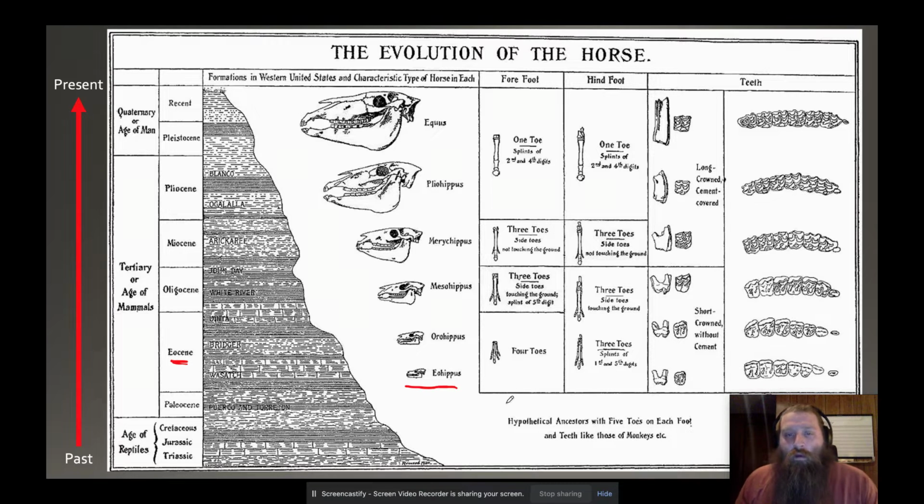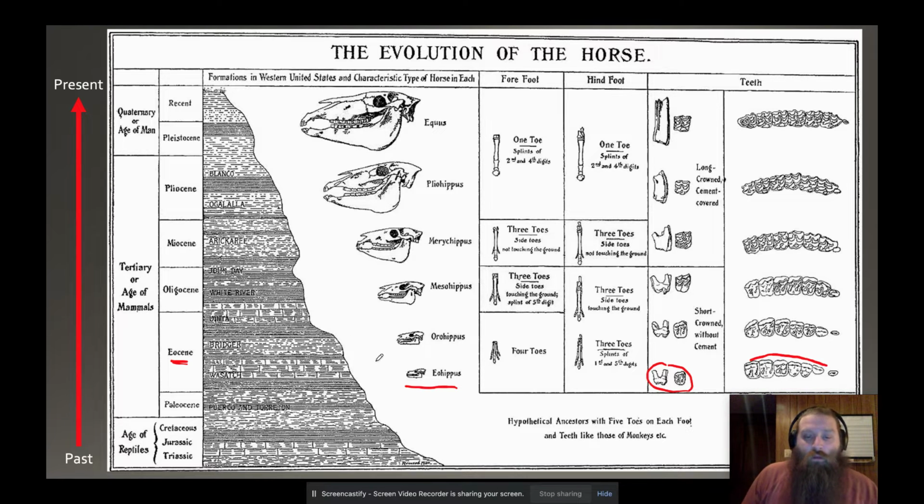And we find that the front foot has 4 toes in Eohippus and Orohippus. The back foot has 3 toes, okay? And when we look at the teeth that we find, we see that they look like this from the side and from the top, so pretty short. And the overall jaw structure, you can see right there.